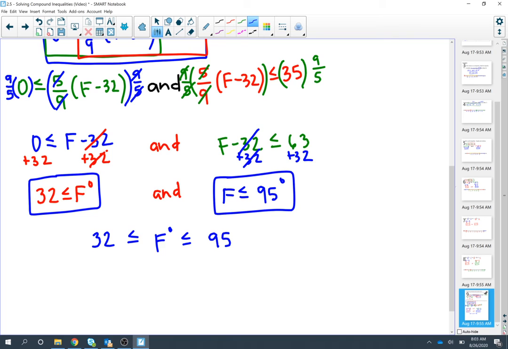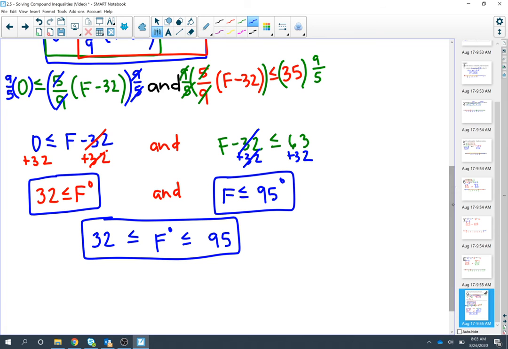So if we read it from this direction, f is less than or equal to 95 degrees, or f is greater than or equal to 32 degrees, which means your phone is only going to function above freezing and then below 95 or at 95, which is a pretty hot day.